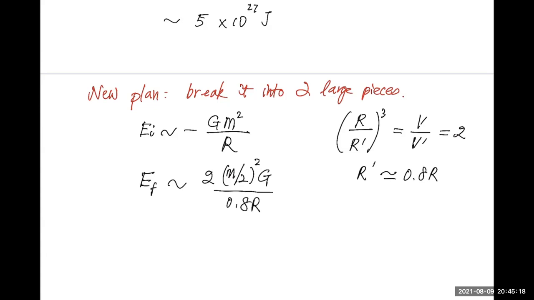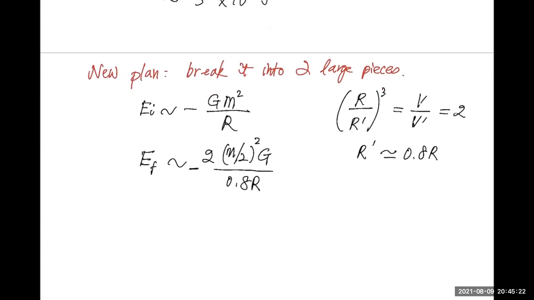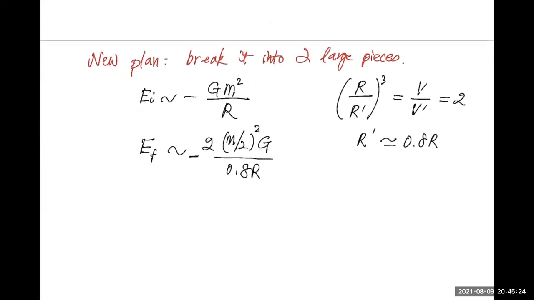So don't forget there's a negative sign. So this is the final energy. Okay, and look at how close it is to the initial energy. You have a factor of 2. So this is negative 2 divided by 4, and then divided by 0.8 times G m squared over r.